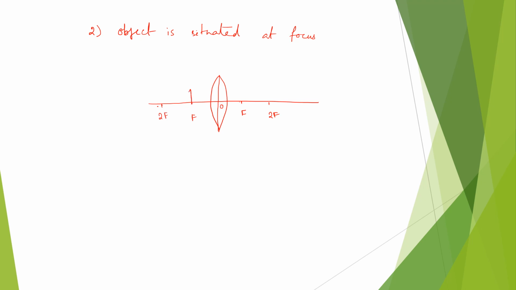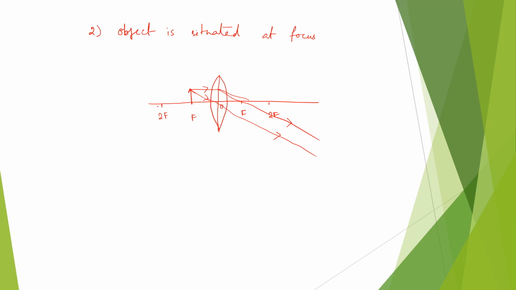Object is situated at focus. A light ray parallel to the principal axis will pass through the focus, and a light ray which passes through the optical center will not show any deviation, will pass directly. So you can see, if you use a scale while drawing the diagram, you will see two perfectly parallel lines.